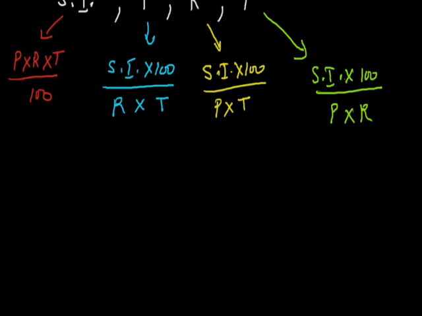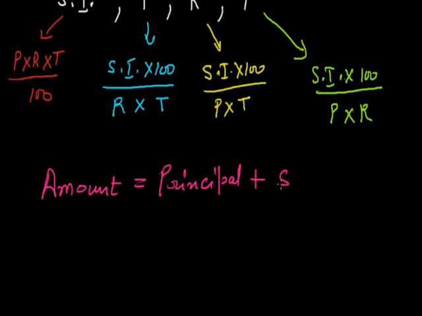Now after calculating the simple interest, we have to calculate the amount. Amount is the money that we finally have to pay, and that is equal to principal plus the simple interest.